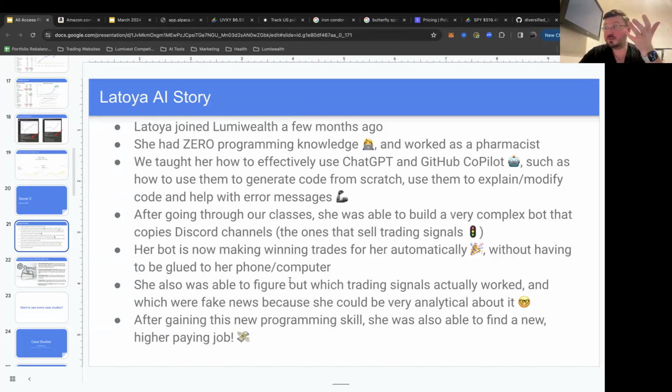Basically, she just put her GitHub into her resume and explained it during the interview, and she got the job. So she was able to not only make money through her trading efforts, but also make a lot more money through her career because this new skill set got her paid a lot more. I thought that was very interesting.